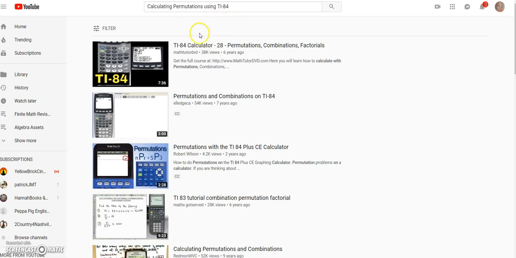When I type that, I've got several videos here that I can watch that will show me how to calculate not only permutations but also combinations on the calculator. So you can just pick these and see which ones you like, and then use that as a tutorial for calculating permutations and also combinations on the calculator. When I get to combinations, since I've already covered this, I won't show you how to find this for combinations because it's basically going to be on the same videos as permutations.